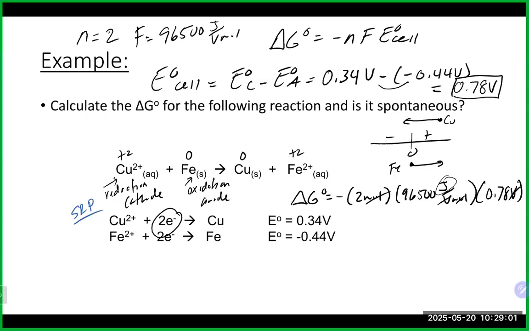And looks like something negative, 150,540 joules, roughly minus 151 kilojoules, which is what delta G is usually given in. In this case, this reaction is spontaneous.